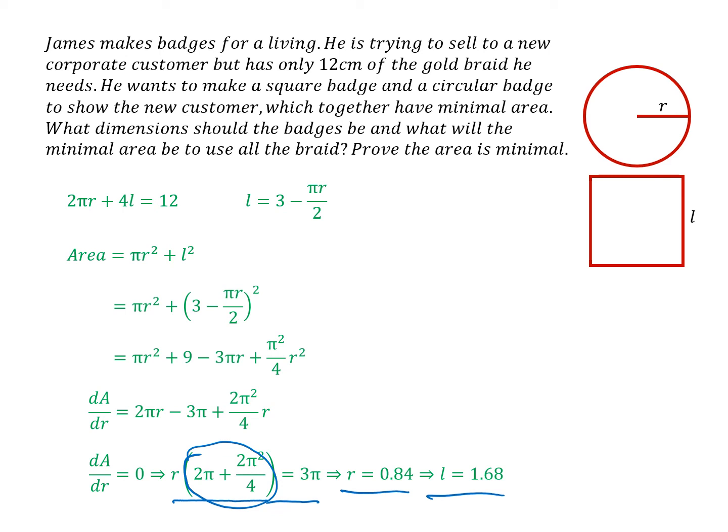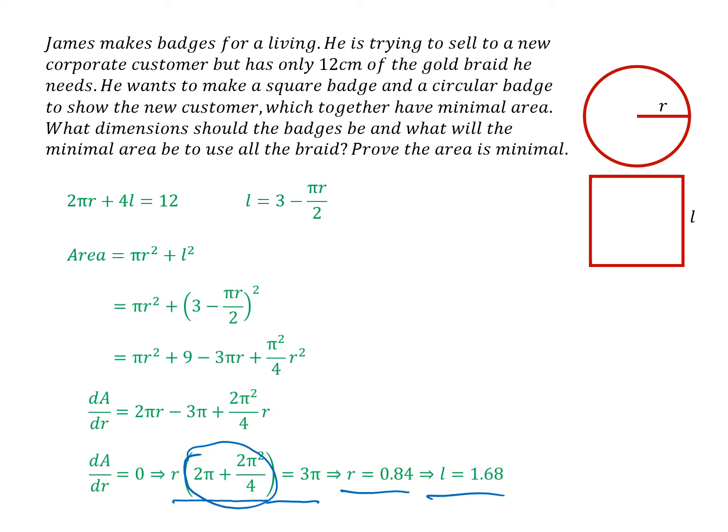Anyhow, have we answered the question? Which together have minimal area? What dimensions should the badges be? And what will the minimal area be to use all the braid? We haven't worked out what the minimal area will be yet.